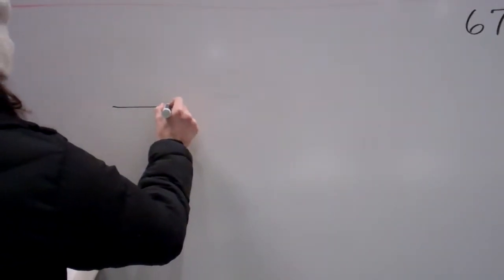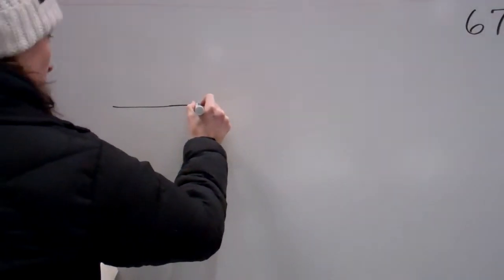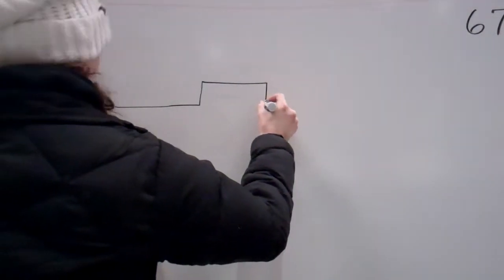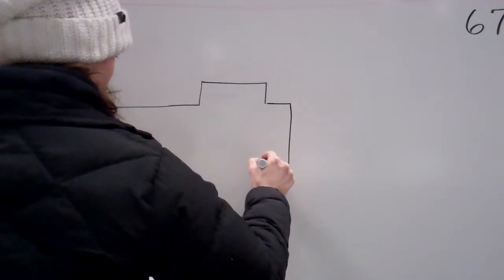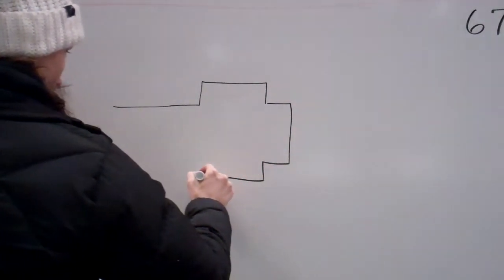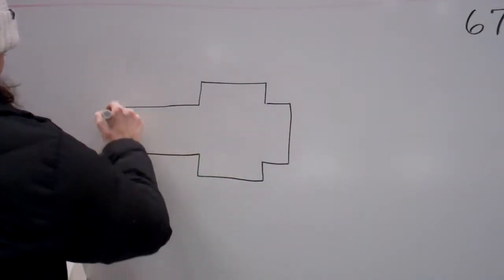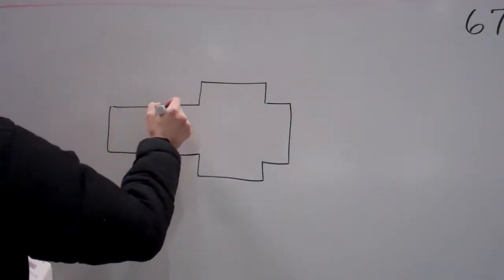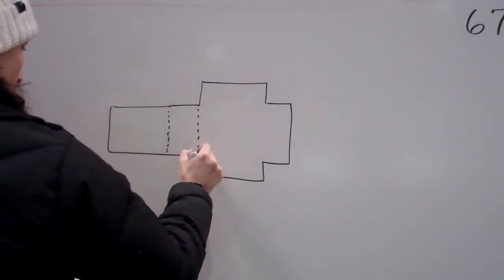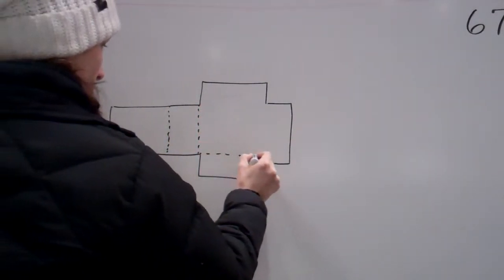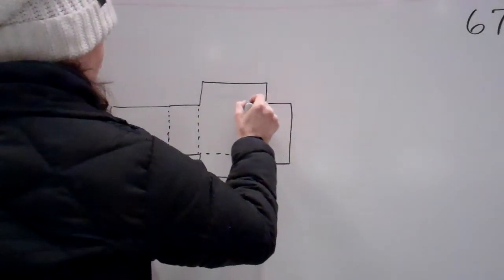Okay. So everybody draw this on your paper. Something that kind of looks like a sideways cross almost. Somebody know what I'm drawing?